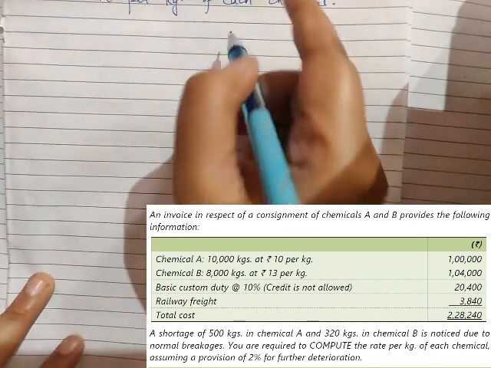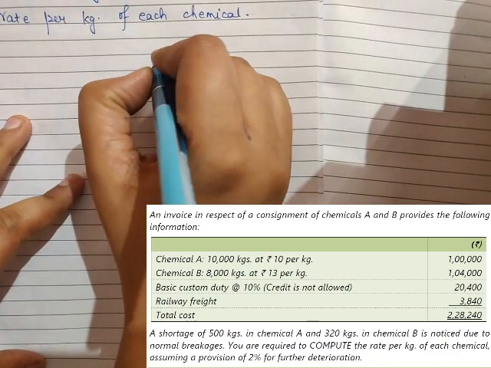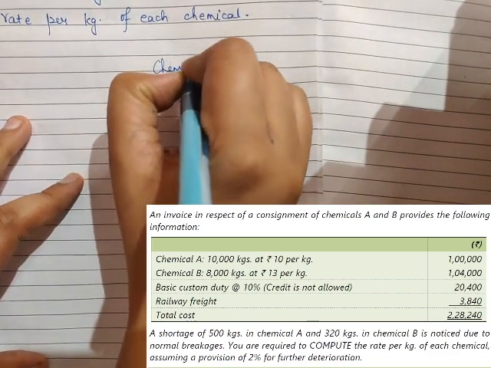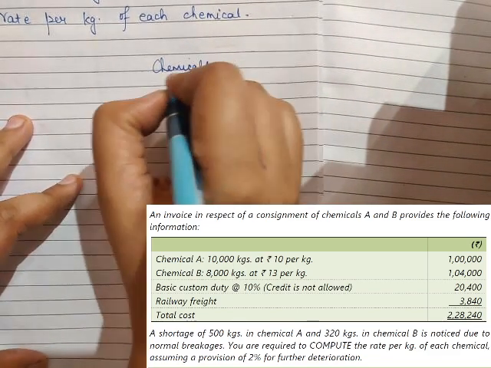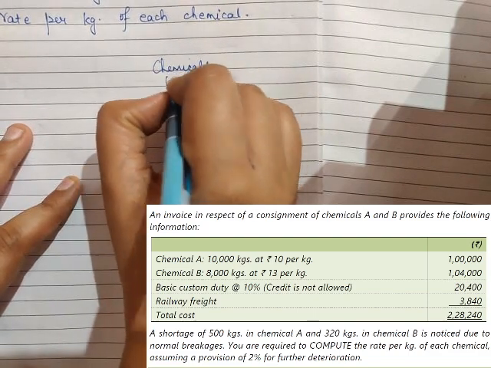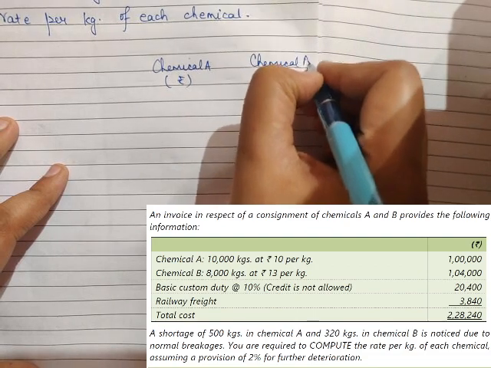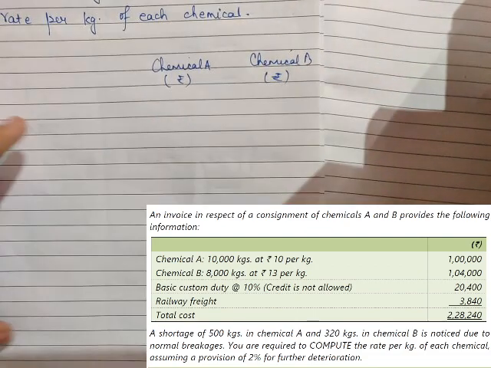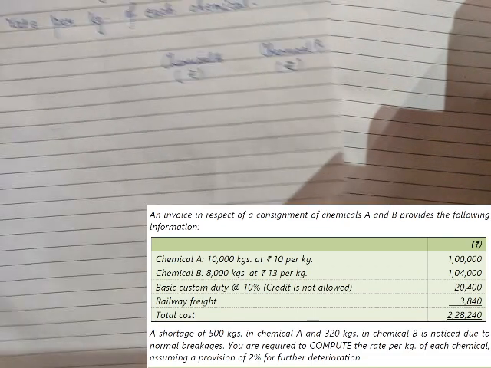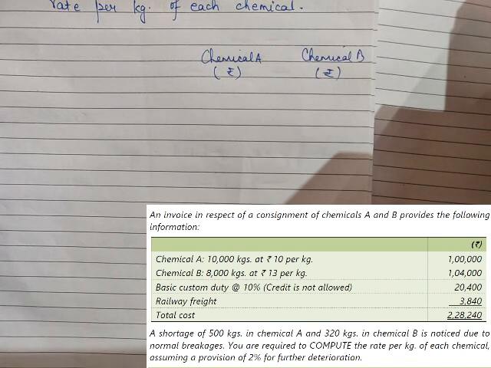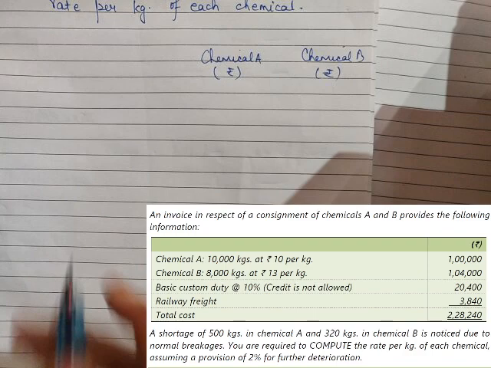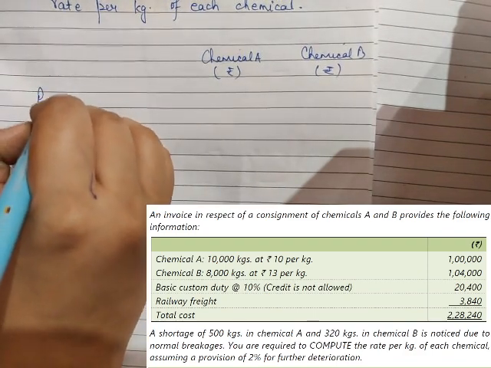So, we have chemical A, this is in rupees, chemical B in rupees. The unit is also required to be mentioned. The previous working was in the form of kgs, whereas this is in the form of rupees. So first we have the purchase price.